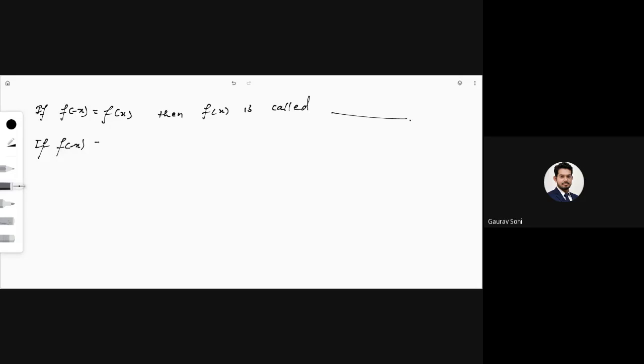If f of minus x is equal to minus of f of x, then f of x is called dash. Anyone? So this is an even function. If f of minus x is equal to f of x, then it is an even function. If f of minus x is equal to minus of f of x, then f of x is an odd function.